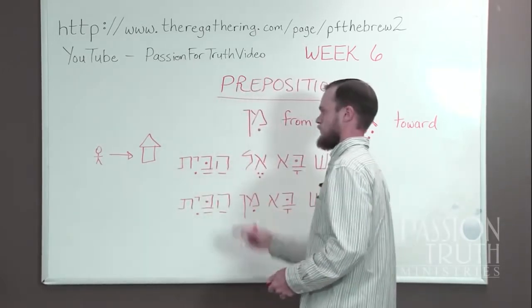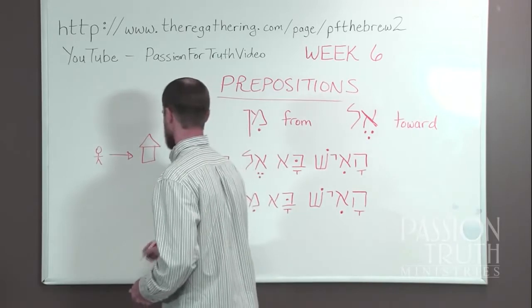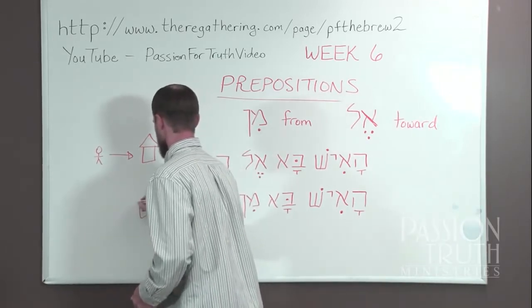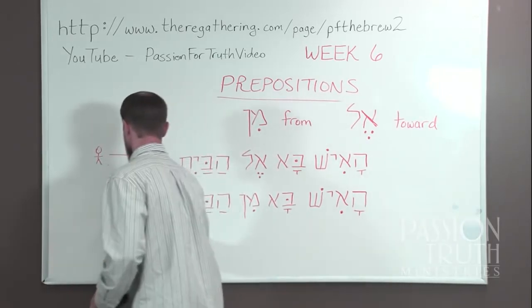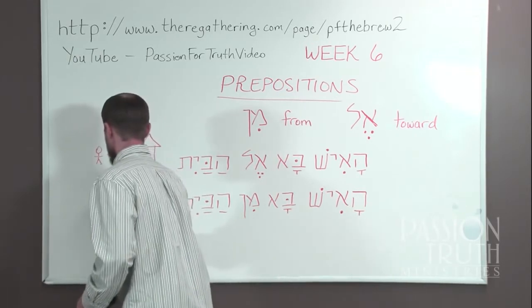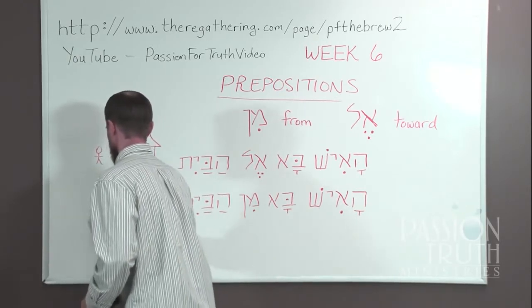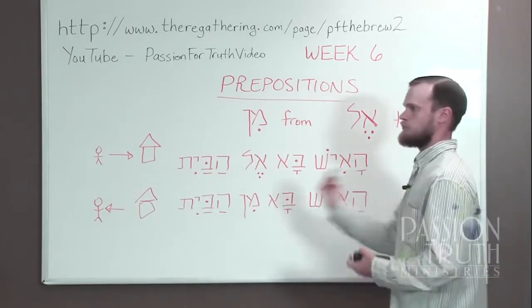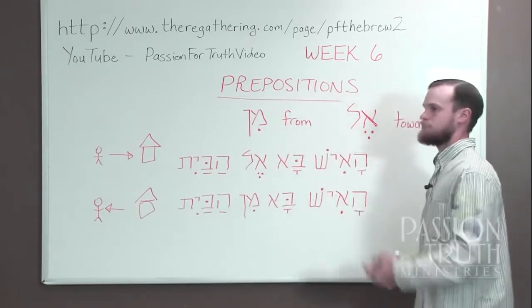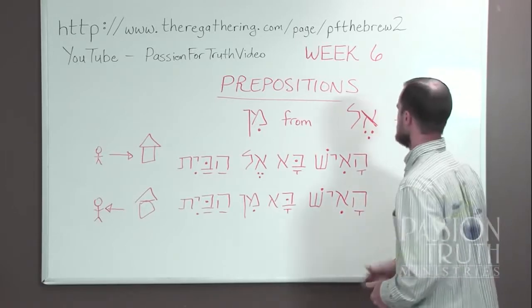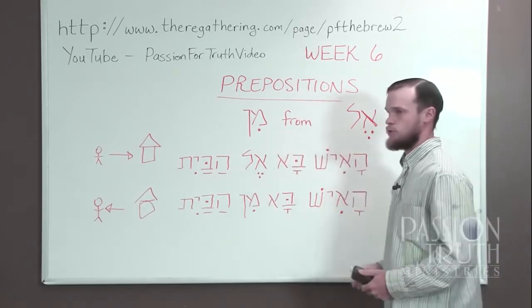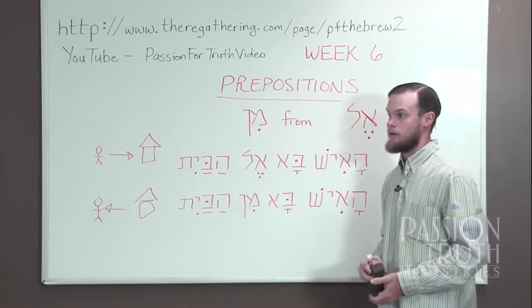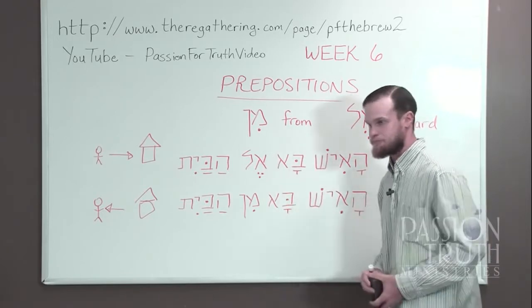So the man is coming from the house. So here's our poorly constructed house, and the man walking in the opposite direction. All right, so pretty straightforward. Toward, from, above, beneath. So el and min, toward and from, al and tachat, above and below.